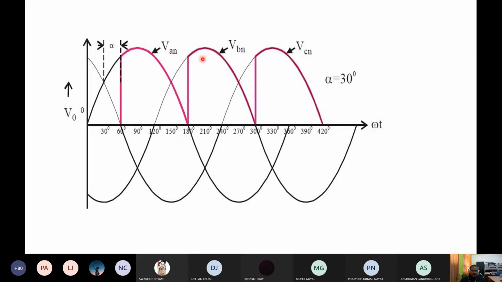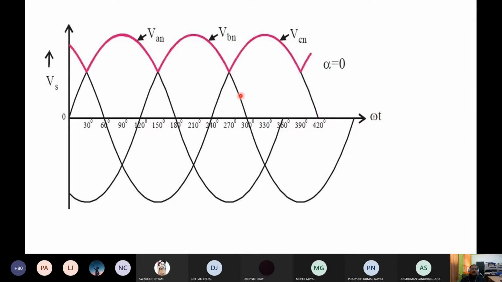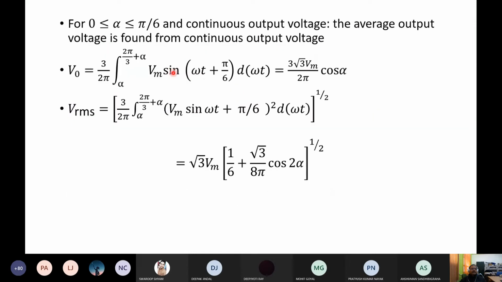Then this voltage will appear. Then this vertical line will shift to this point. This vertical will shift to this point. Okay. So this will be for less than 30 degree, 3 by 2 pi, alpha to 120 degree plus alpha.